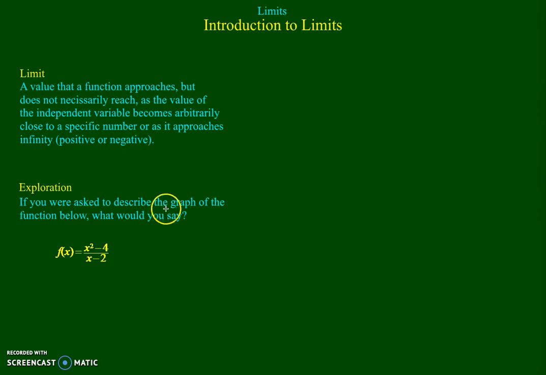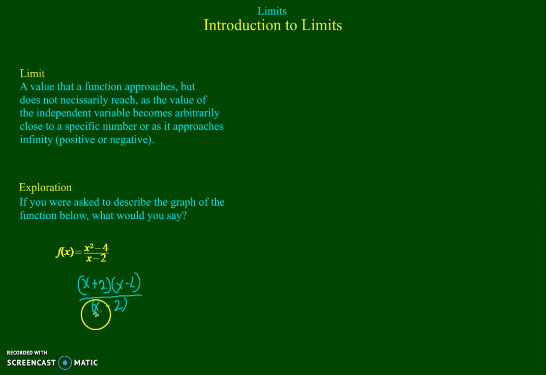Let's say that you were asked to describe this function. What would you say? Well, to take a look at this function, you would probably sit down and use some of your pre-calculus skills and notice that this is the difference of two squares. So you would break down the numerator by saying this is x plus 2 and x minus 2, divided by x minus 2.